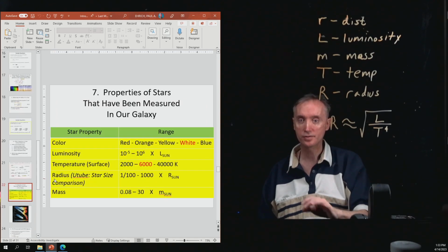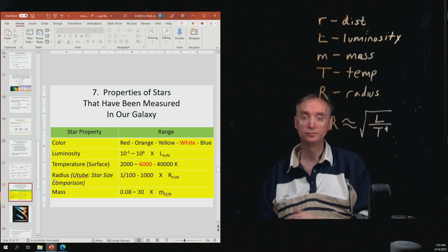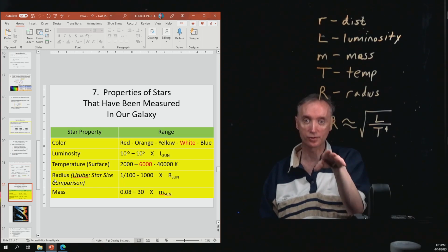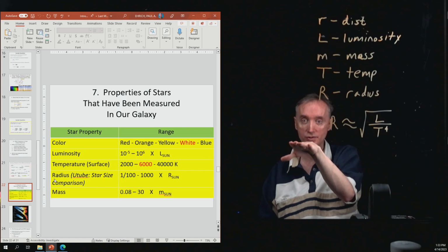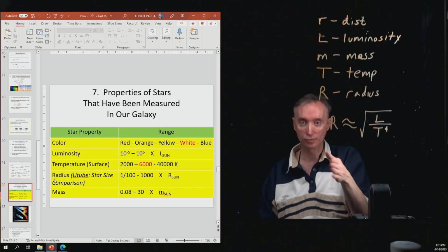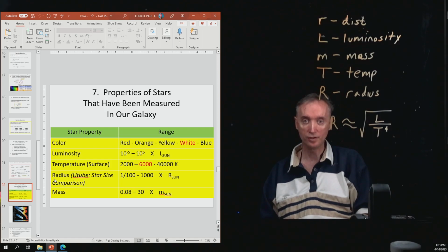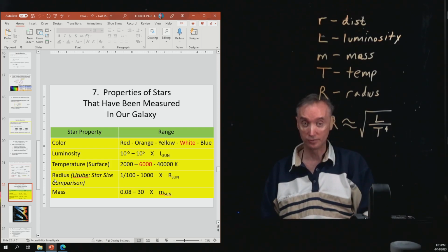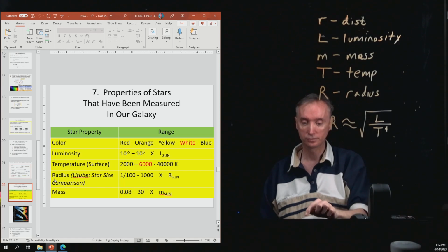All right, so this shows what we have measured. After measuring thousands of different stars, there's the range in colors, there's the range in brightnesses, there's the range in temperatures, there's the range in radiuses, there's the range in masses. Wouldn't it be nice if all that information was on one chart?